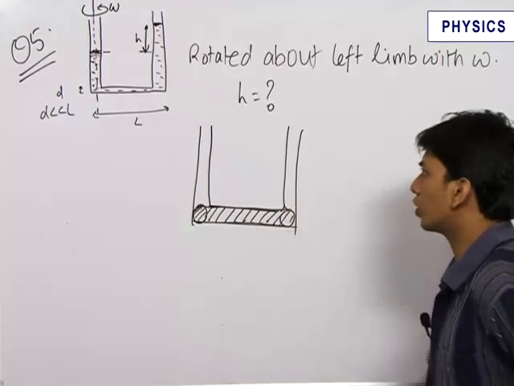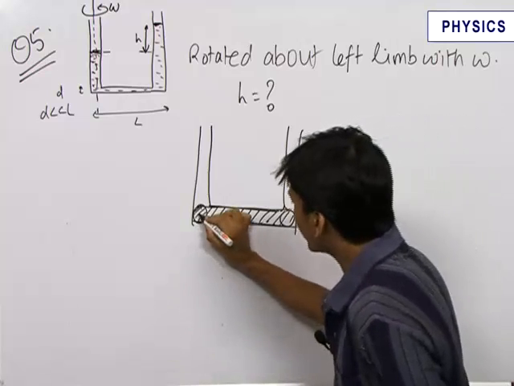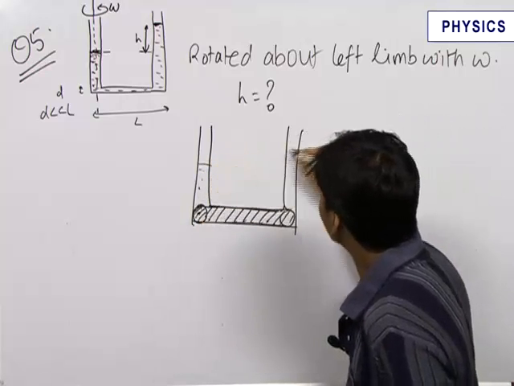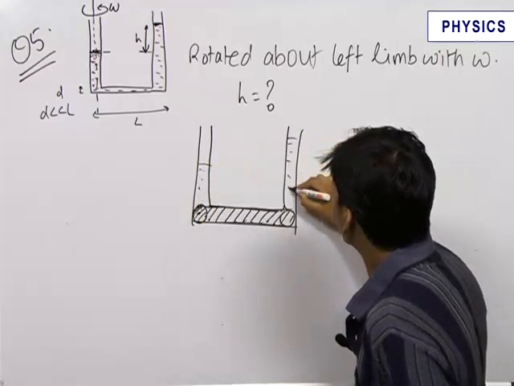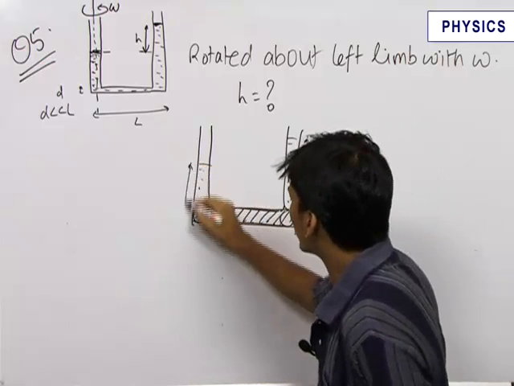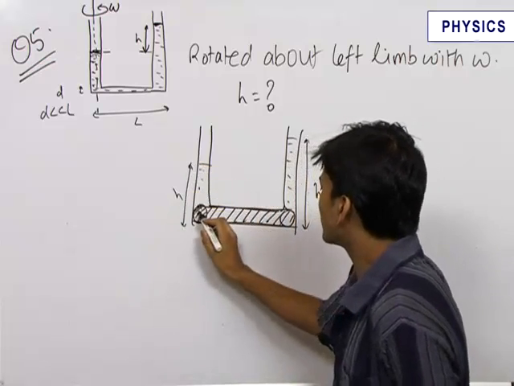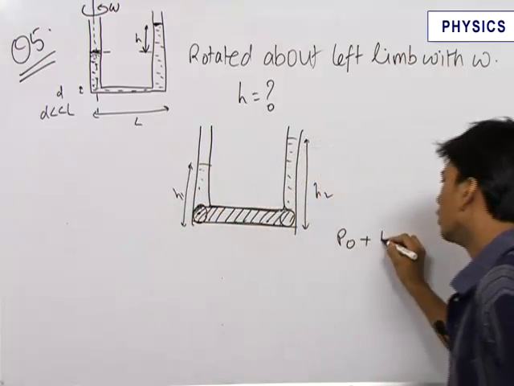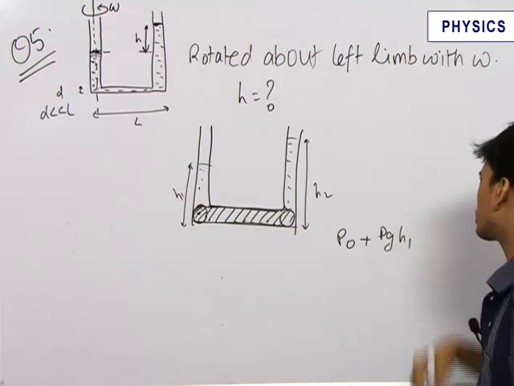We have chosen this water body. Let us find out the pressure at this point. Let this height be h2, this height equal to h1. So the pressure at this point will be equal to P naught plus rho g into h1.